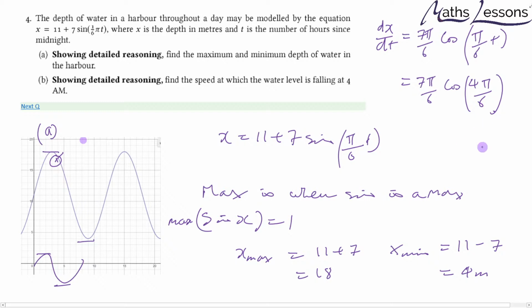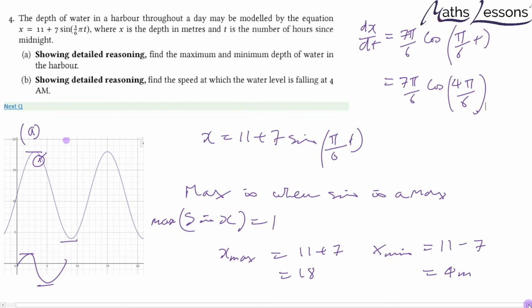And 4 pi by 6, if we were to draw a little sketch of cos, let me just get a bit more space here. Okay, the cos curve does this, and 2/3 pi is just after here, so it's going to give us a negative value there.